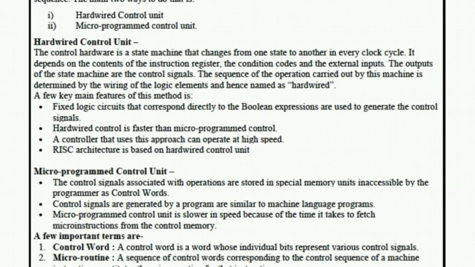The microprogrammed control unit is associated with operations related to the special memory. A few important terms that we should take care of while talking about control units are: control word, which is a word where we can represent the individual bits. The micro routine is a set of control words and a sequence related to the instruction.